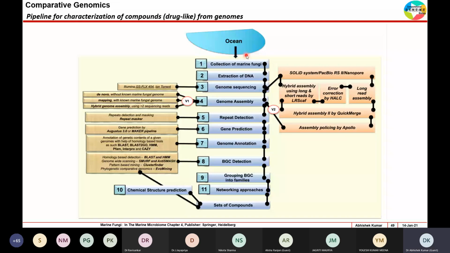Initially, you will do whole genome sequencing using Illumina, 454 and Ion Torrent, and then you will do the genome assembly, and as I told you, genome assembly can be de novo or mapping when the genome of a known marine fungus or known species is known. You will do it in version 1, and then you will do hybridization of genome assemblies using 2 or more genomes, and then this is called the first version of the genome assembly.